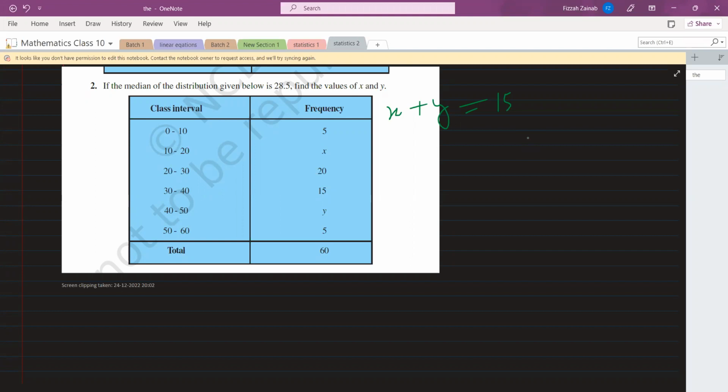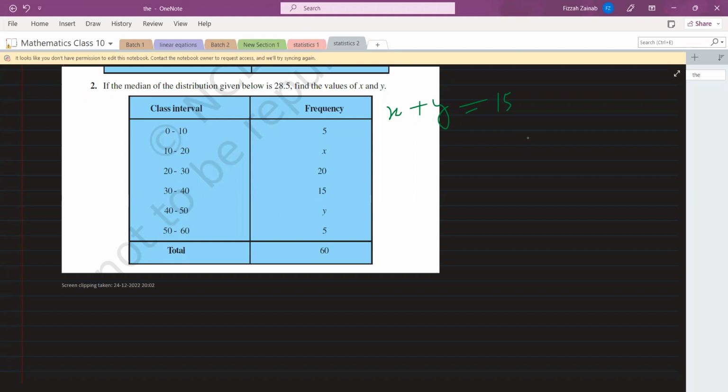How much is small f? No, no, no. Small f is the frequency of the median class, which is also 20. Okay, 20. How much is h? H is 10. Okay, good.